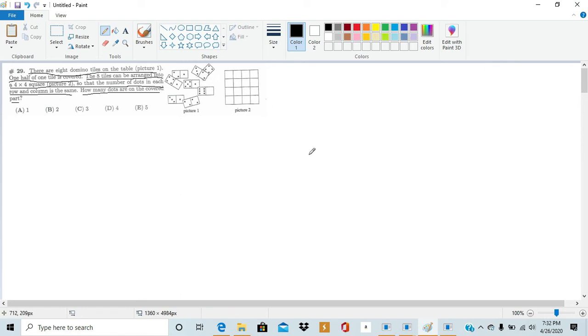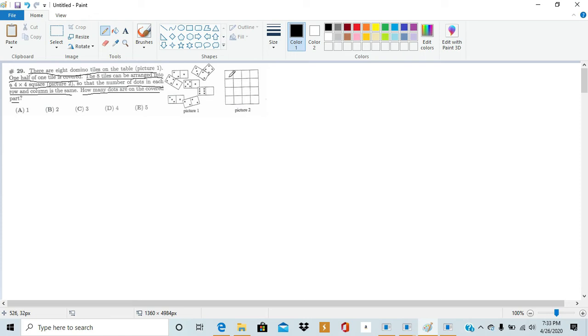So the first way we can attack this problem is just by thinking a little bit. If each of these columns and each of these rows have the same number of dots when all these dominoes are placed, well, that's an interesting thing to think about. That would mean that the sum of the dots in this column, and this column, and this column, and this column, and this row, and this row, and this row, and this row, they would all be the same.